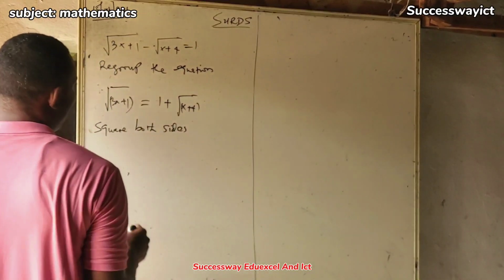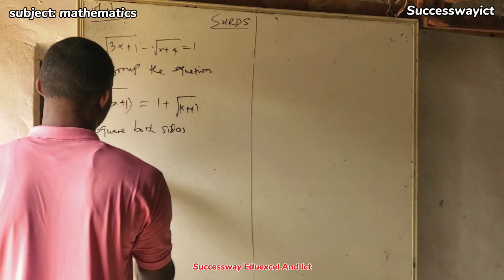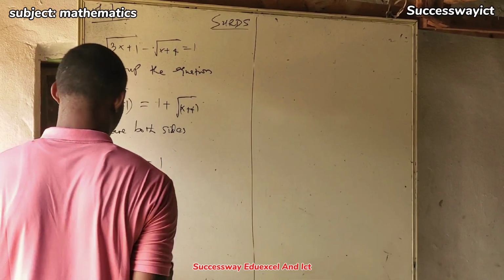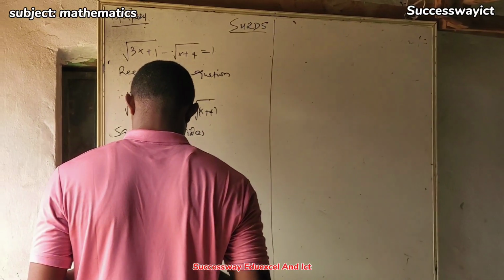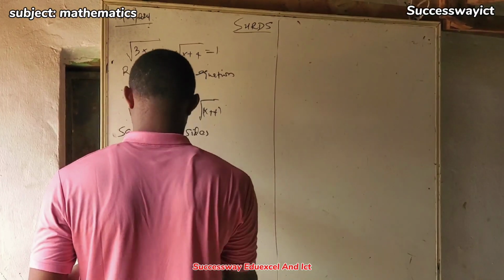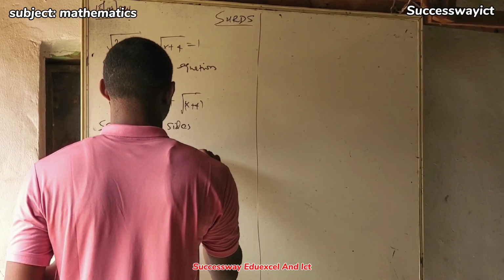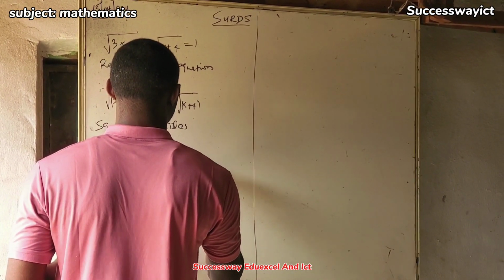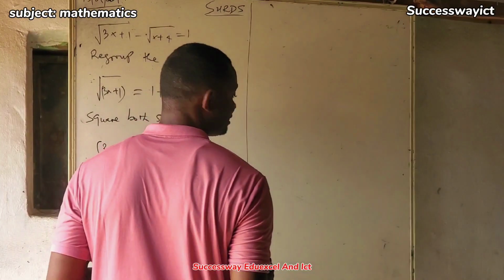So when I square both sides, I'm going to have what? 3x plus 1 is equal to 1 plus square root of x plus 4, all squared.